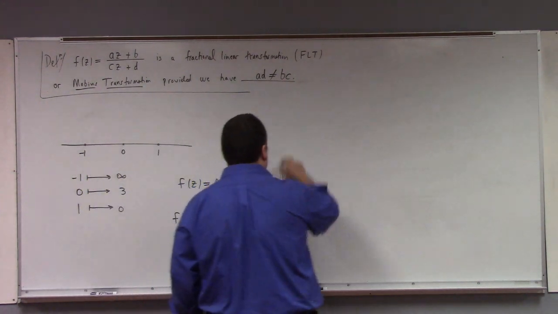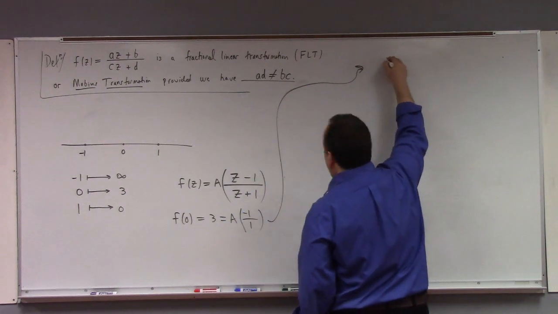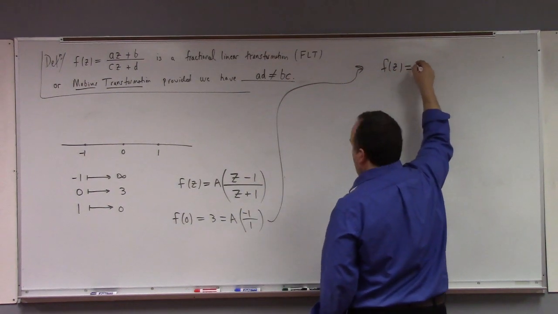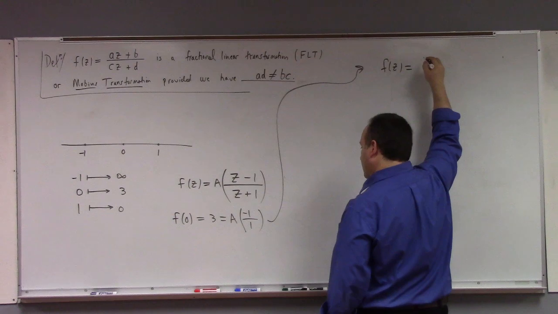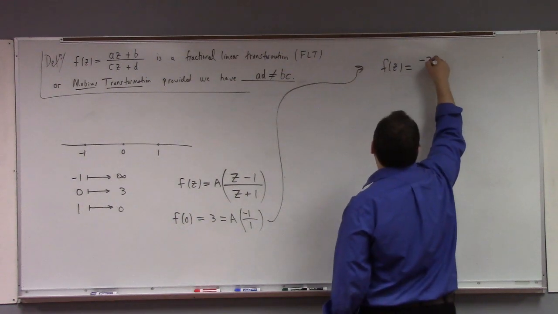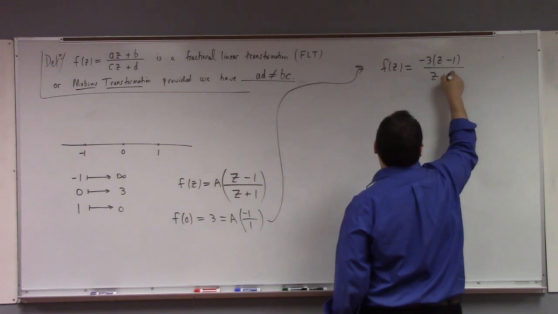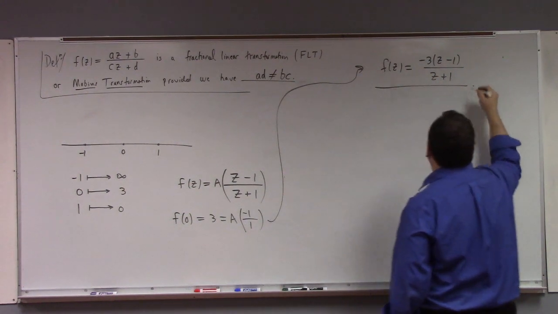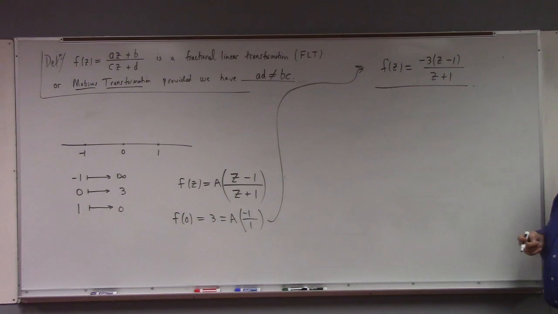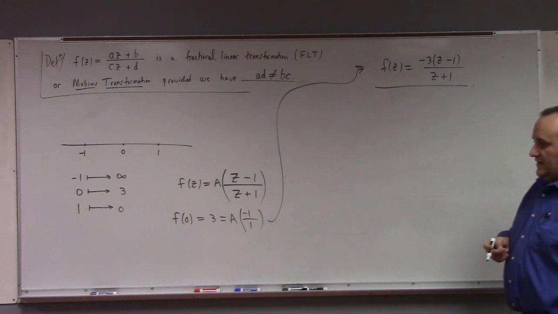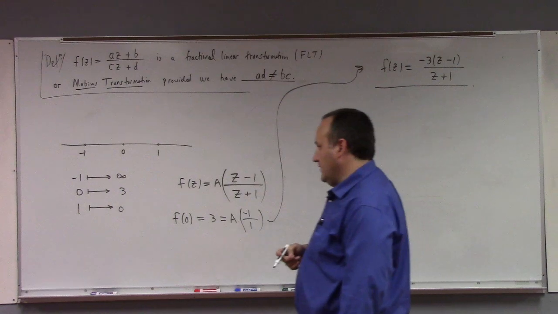So therefore, f of z equals -3 times (z - 1) over (z + 1). This is a Mobius transformation which maps the points -1, 0, and 1 to the points infinity, 3, and 0.